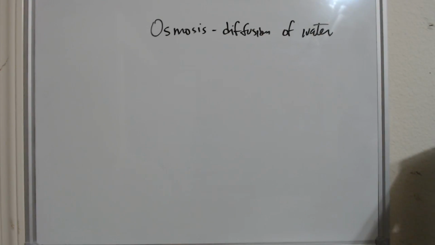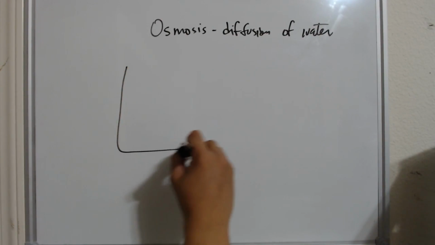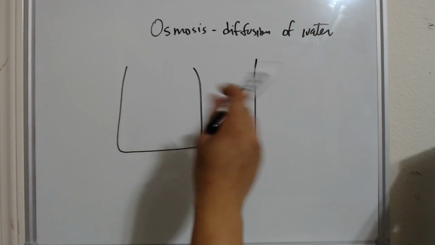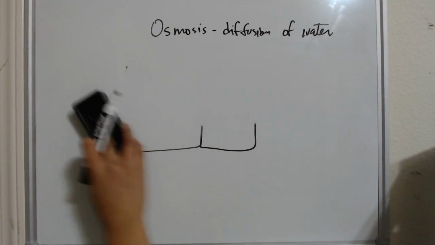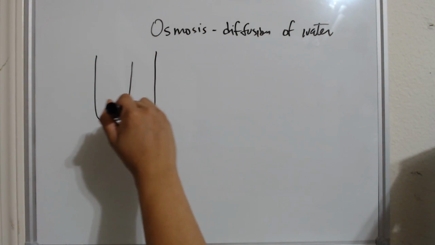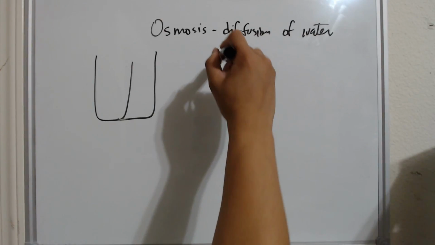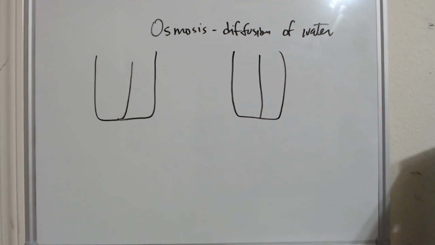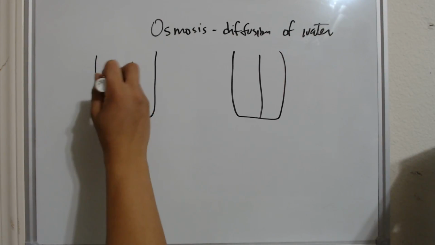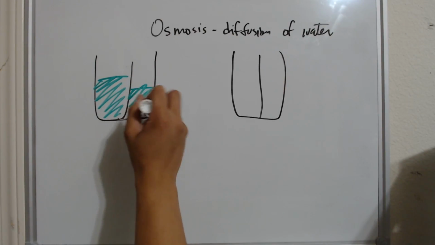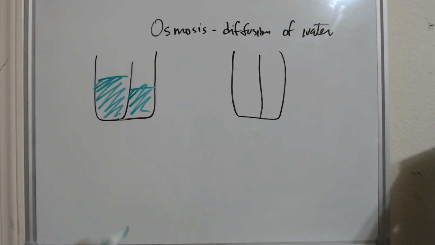However, when something's at an equilibrium, let's say here's a membrane, make it smaller. So here's an example. The membrane in between here, and then there's a membrane in between here. So let's say we have this much water, no solutes, and we have this much water with some solutes.